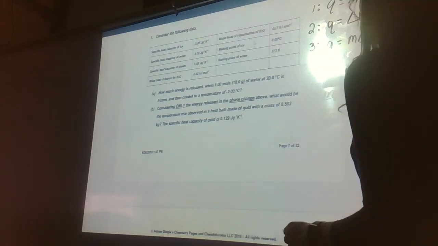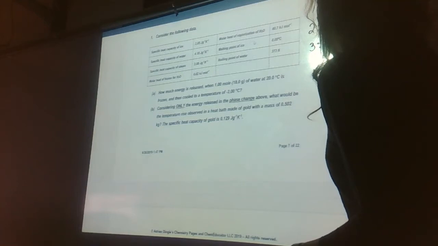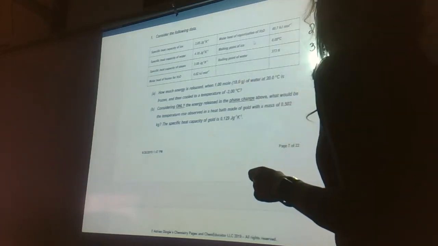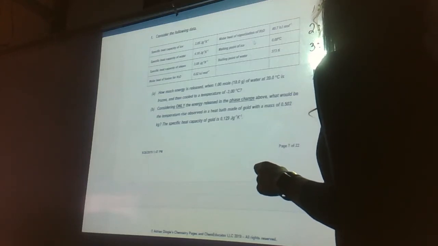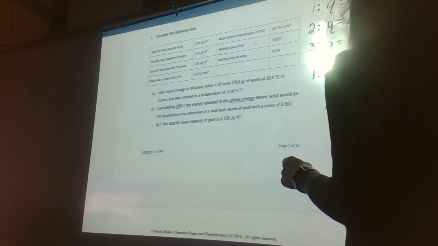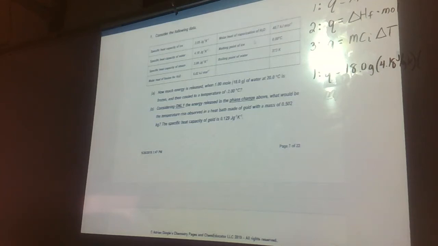Okay, so we can plug in numbers here. Q equals, the mass is 1 mole or 18 grams. C for water is 4.18 joules per gram Kelvin. And the temperature change, we're going from 20 to 0, so the final temperature is 0.